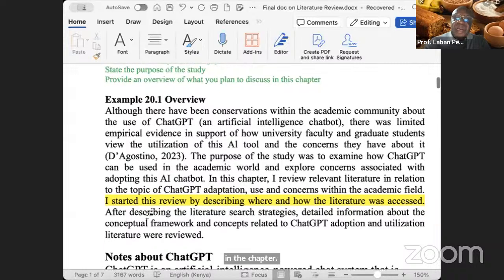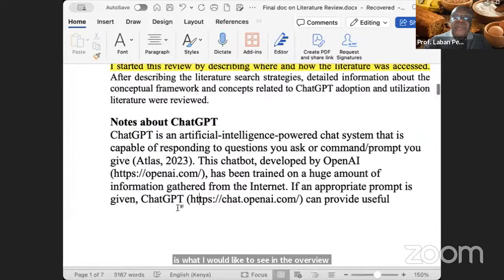So this is what I expect based on your topic. This is what I would like to see in the overview chapter. That's what I'm saying.